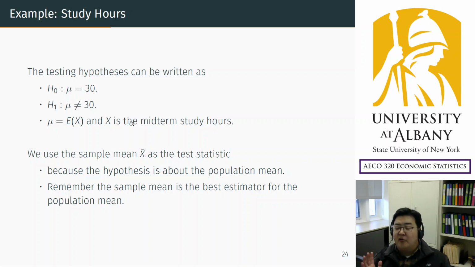And you remember the best point estimator for the population mean is the sample mean. So the sample average is the best statistic that delivers information about the population mean, right? In the same sense, we are going to use the sample average as the test statistic.